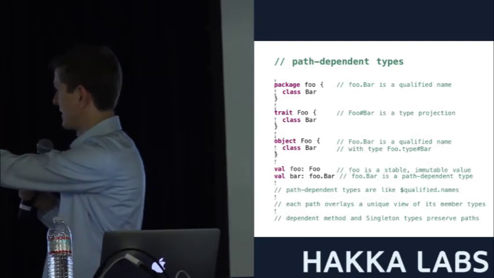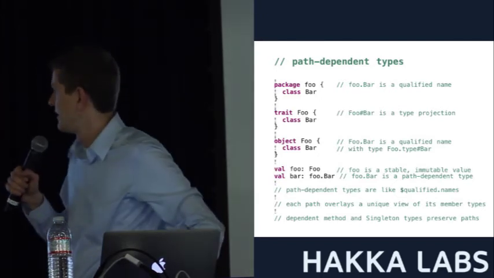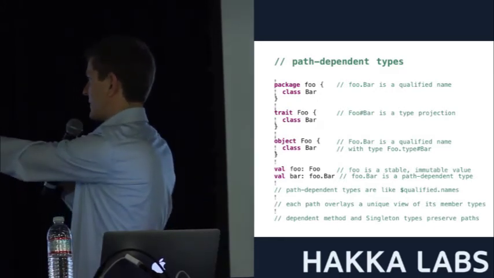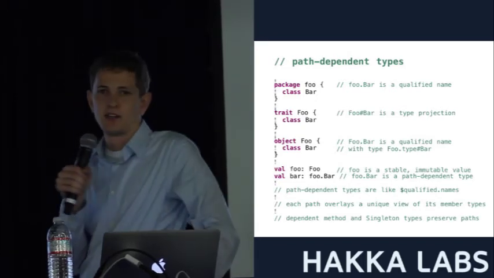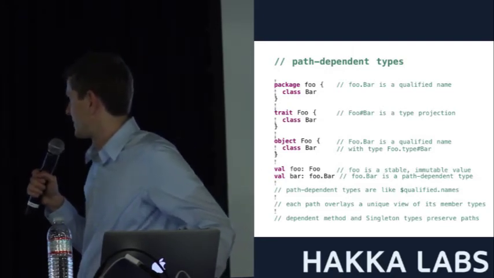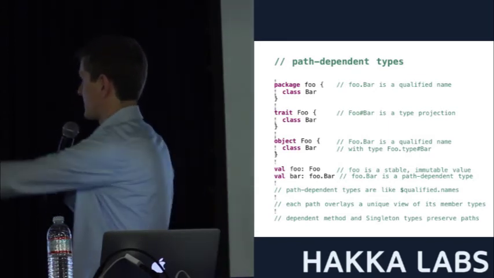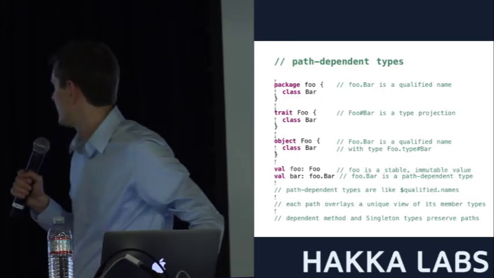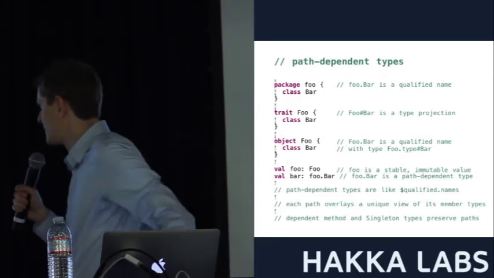You have to use a type projection, which is this hash operator here, saying I want to reach inside and get the type out of that trait. Now, classes nested inside static objects are just ordinary top-level classes. They're just syntactically scoped. And so you can just use that foo.bar like a normal qualified name. But the type is actually a type projection on the singleton type of the object. So that's internally what the compiler treats this foo.bar as.